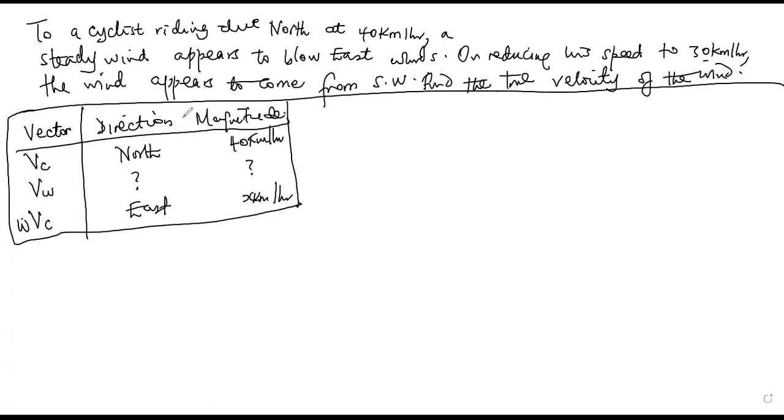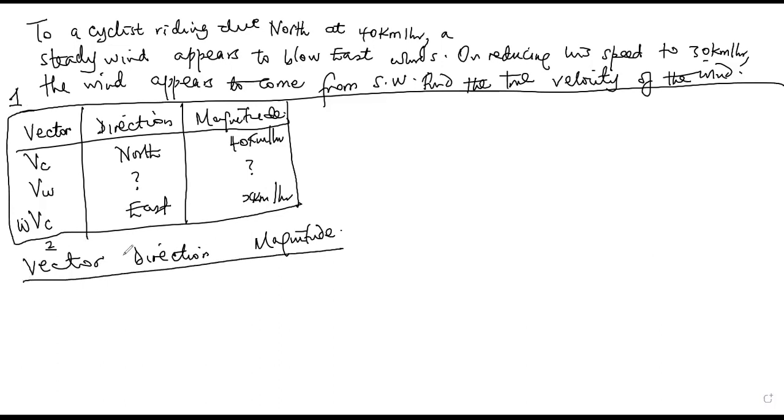But then they are saying that on reducing his speed, that is another case now. Let me call this one case 1, and this one case 2. We have vector, direction, and the magnitude. On reducing his speed, velocity of the cyclist still is north, but he has reduced his speed now to 30 kilometers per hour.